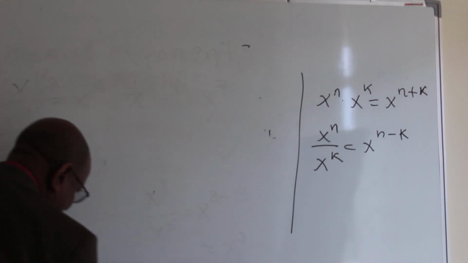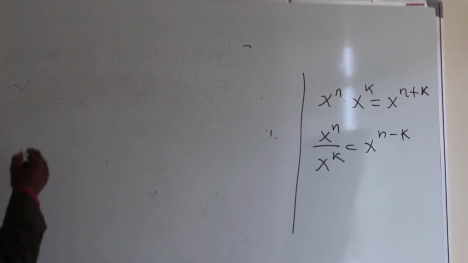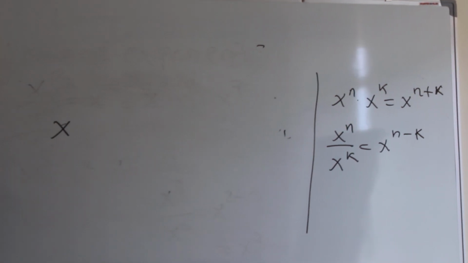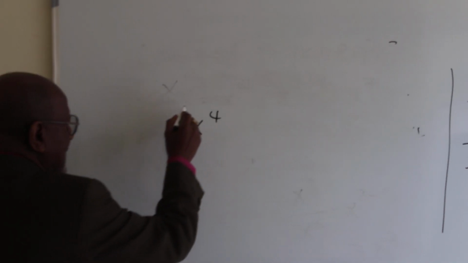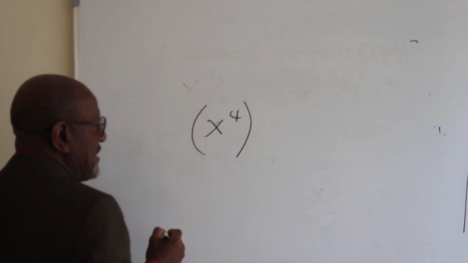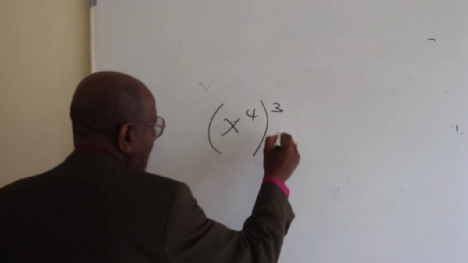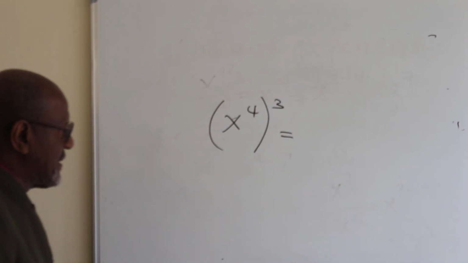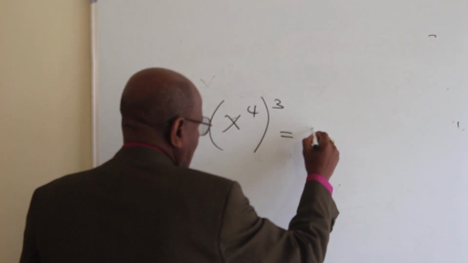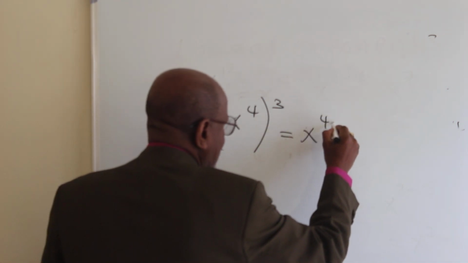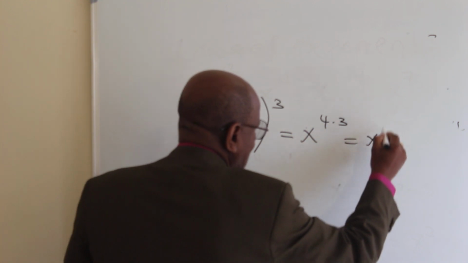The third rule states, if we have a base, say x, and that x is raised to the power, let's say 4, and the entire thing is raised to another power, let's say 3, we multiply the powers. We say x to the 4 times 3, which is x to the 12.